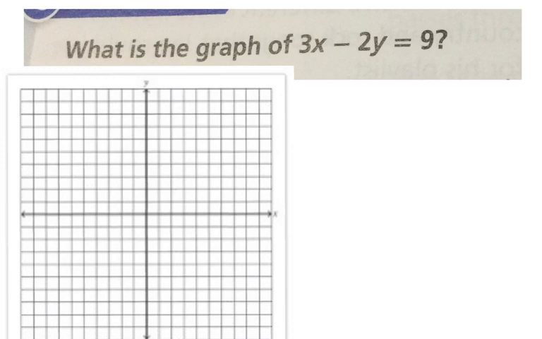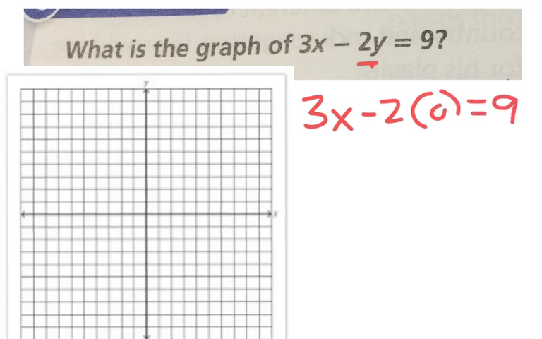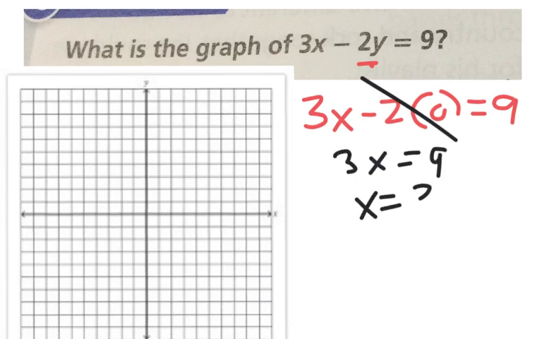So guess what I can do? If I want to find the x-intercept, the y value must be 0. So I can plug in 0 for y. This goes away. 3x equals 9. So x equals 3. So I know the x-intercept is at 3.